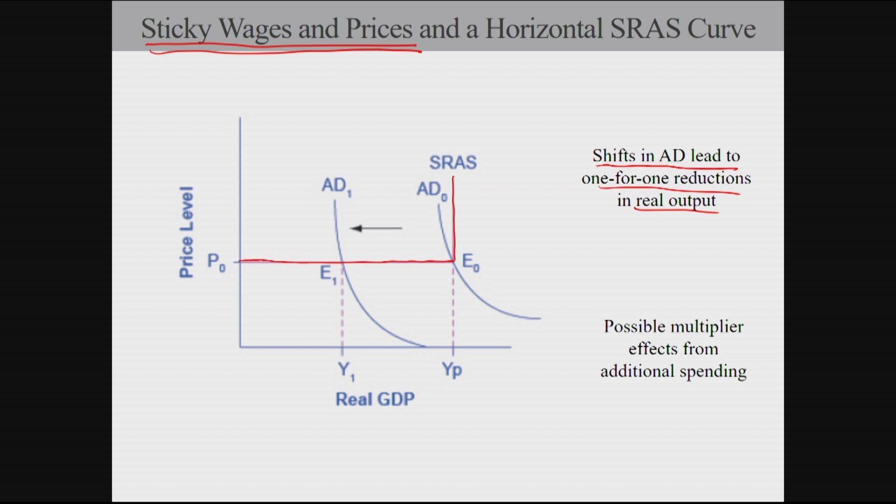The magnitude of that stickiness is going to govern how steep or flat this curve is as we go to the left. But the Keynesian view would say that if aggregate demand is shifting to the left because of some fall in confidence or some other factor, we should put in additional spending by the government to try to shift this aggregate demand back so that we don't fall behind in terms of output being way below its potential level.